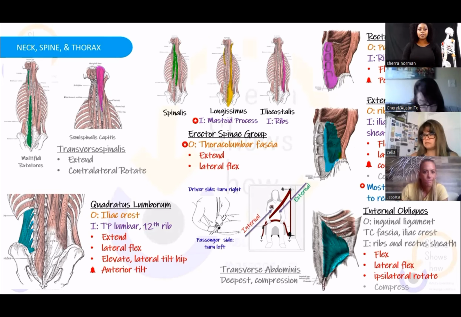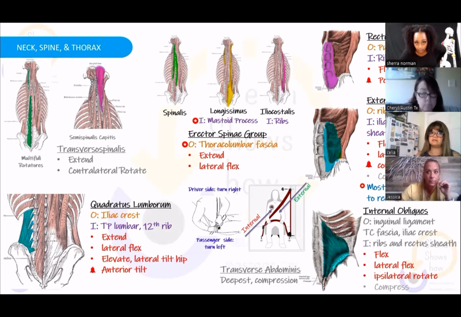No rotation. So we can get rid of rotation. That's a distractor. Okay. So then we're trying to shorten the left iliocostalis. If we flex the trunk, what is that going to do to an extensor? If we flex, our front muscles are short and our extensors are long. So that can't be the right answer.